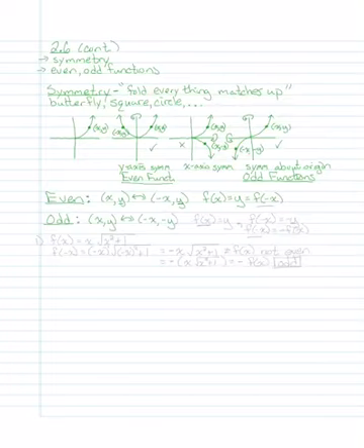So we can look at kind of the same things. Notice we have f of x is equal to y, and we have f of negative x is equal to negative y. Well, that y has already been defined as f of x, so we have f of negative x is equal to negative f of x.